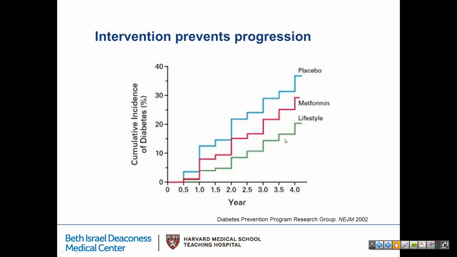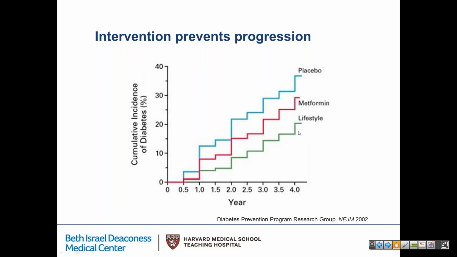Like I said, we do know that intervention prevents progression. The Diabetes Prevention Program randomized thousands of people to either metformin, a lifestyle intervention, or a placebo, and showed that both metformin and lifestyle intervention decreased the risk of progressing to type 2 diabetes over time. Lifestyle intervention was actually the most effective.